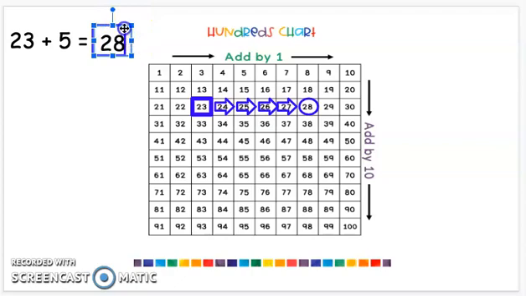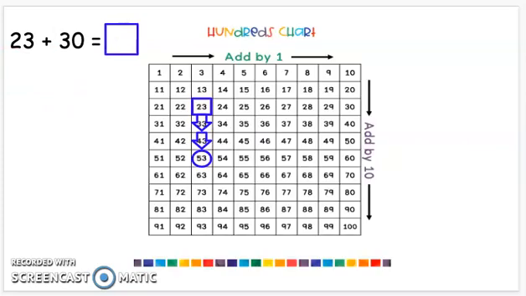And we can see that by looking at our 100 chart and looking at where our arrows are moving across the rows. So again, when we're adding by ones, we're going to move across the rows.